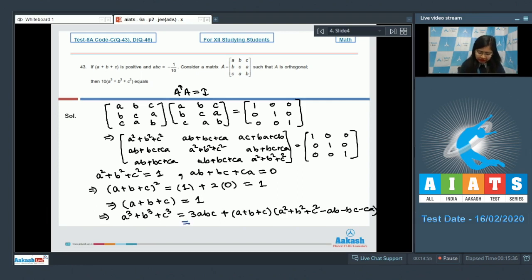So further putting the values, this is equal to 3 into abc, that is minus 3 by 10, plus a plus b plus c is 1 into a square plus b square plus c square, that is again 1, minus 0. So this is equal to 1 minus 3 by 10, that is 7 by 10. So the value of 10 times this is 7. So 7 is the required answer.